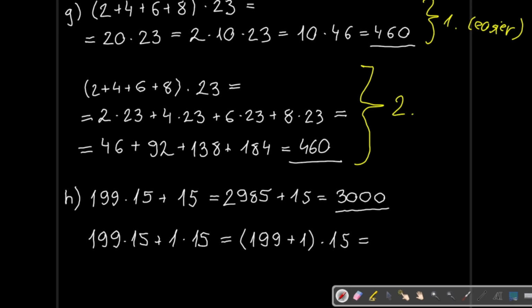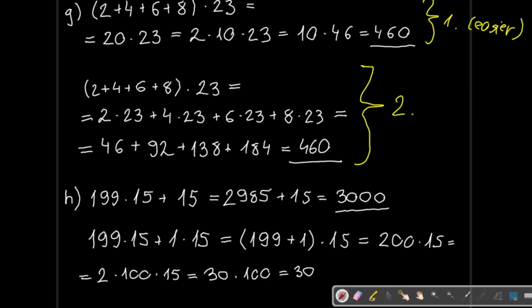Now after doing the brackets, we get 200 times 15, which we can write as 2 times 100 times 15. Now we know that 2 times 15 is 30. And we add 2 extra zeros to 30. That gives us the answer, number 3000.